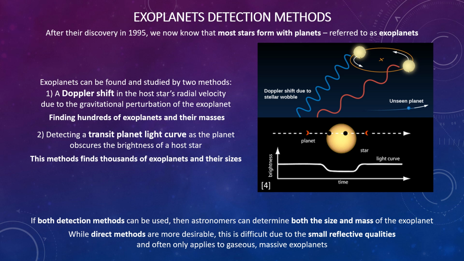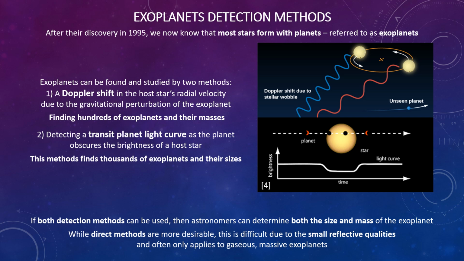And so that is called a transit when the exoplanet is going in front of the star. And so this method has found thousands of exoplanets, and while it doesn't give us a mass estimate, it actually gives us a size estimate, a radius estimate for these exoplanets, because we can estimate their size based on the decrease in the light.